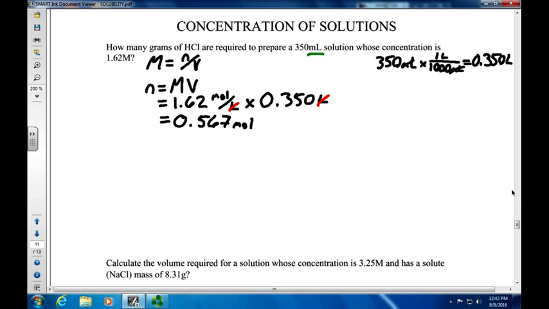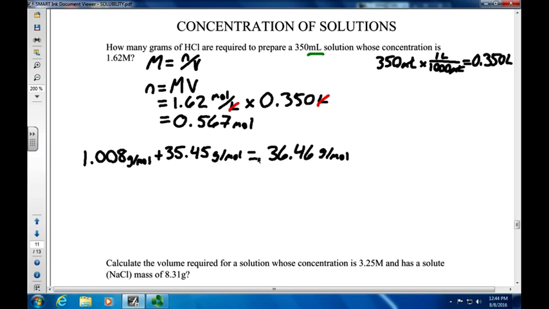Well, in order to do that, we're going to need our molecular mass of hydrochloric acid, which, if you do that calculation out, is equal to 1.008 grams per mole plus 35.45 grams per mole, which is equal to 36.46 grams per mole.